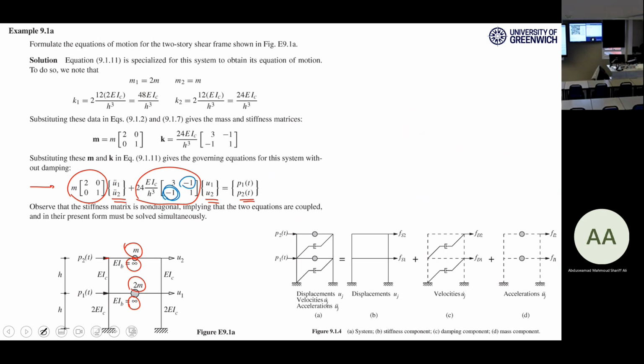Otherwise, if you had 0 here and here, the two equations would be separated. We wouldn't have any U2 in the first equation, and we wouldn't have any U1 in the second. And if those two equations are separated, you can simply solve them.